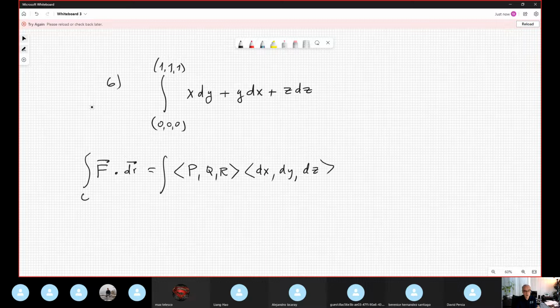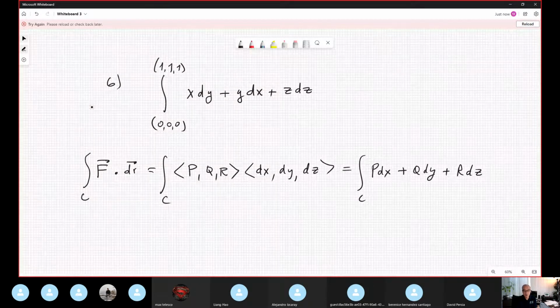When you are doing the dot product, it's obvious, no? Okay, we have the line integral P dx plus Q dy plus R dz. So try to compare this equation and this integral, no? It's obvious who is P, who is R, and who is Q.